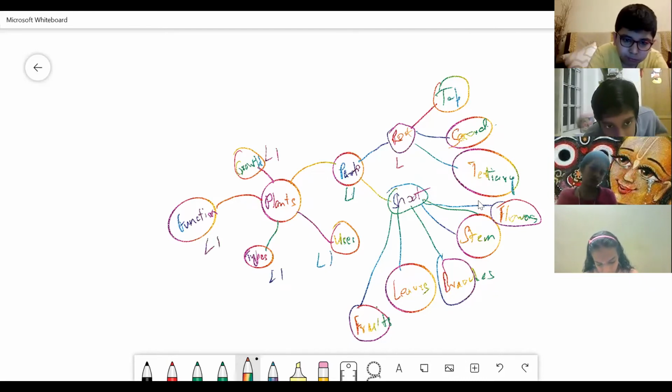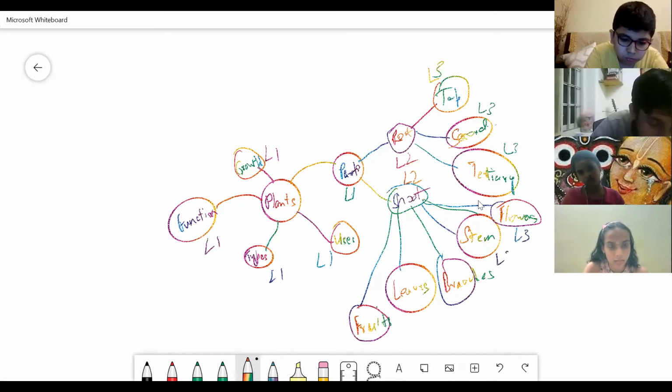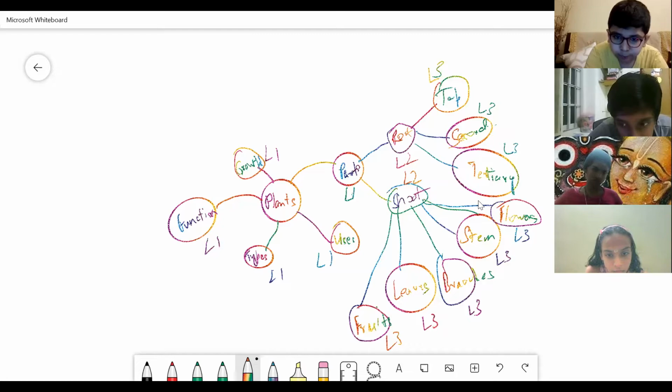And then these are level 2 ideas. Then these are level 3 ideas. Now let's take one more level 2 and expand. Here you can further go to level 4, level 5, you can keep on expanding.